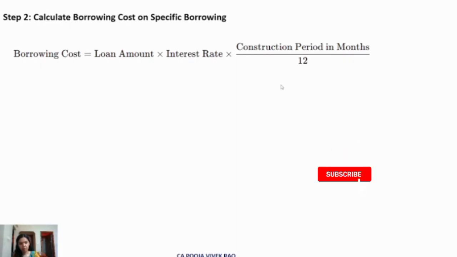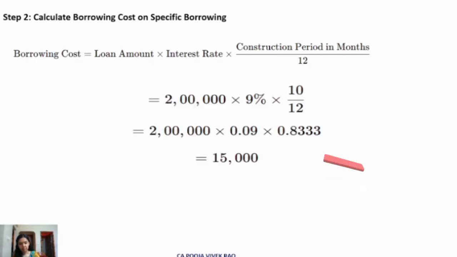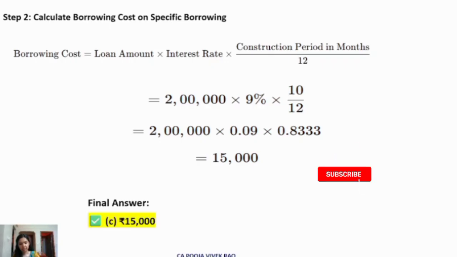Here the loan amount is rupees 2 lakh, interest rate is 9% and the construction period is 10 months. Hence the borrowing cost on specific borrowing by solving this will be rupees 15,000. Hence the final answer is option C, rupees 15,000.